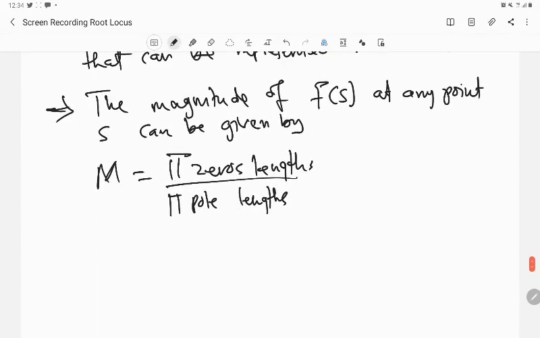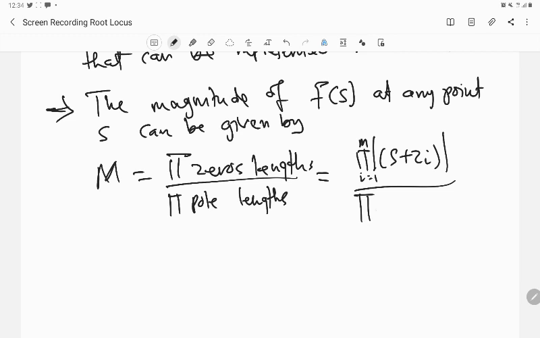So you get this, and that is going to be equal to the product from i equals 1 to m of the magnitude of s plus zi, over the product from j equals 1 to n of the magnitude of s plus pj.